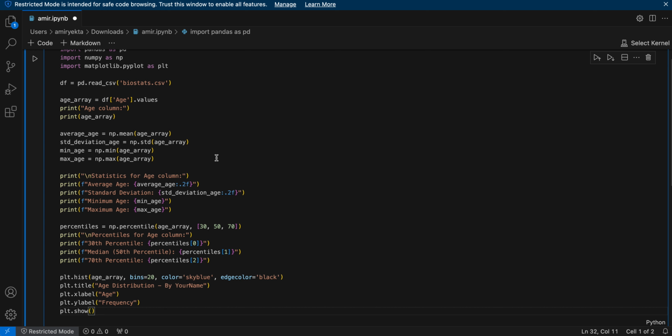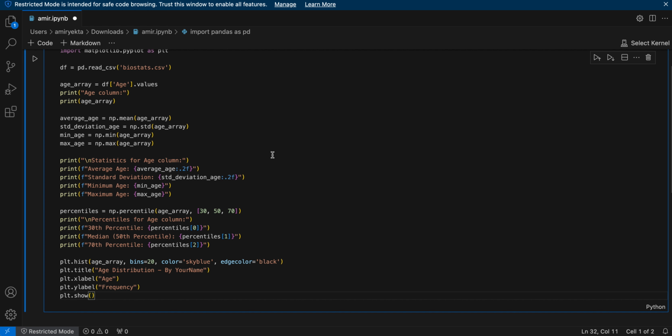Statistical foundation. So you might ask, what is statistical foundation? Let's wear our detective hats and unearth some secrets from this age data. Mean, the heart of our data. The average age gives us a central point around which all other ages revolve, right?